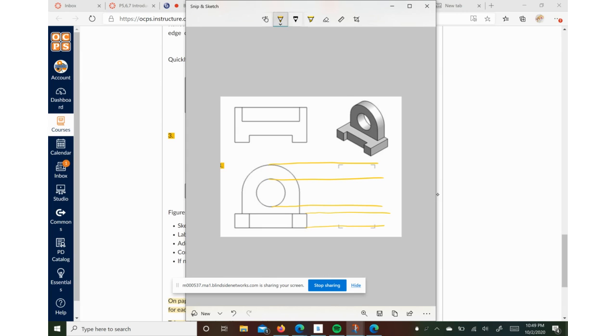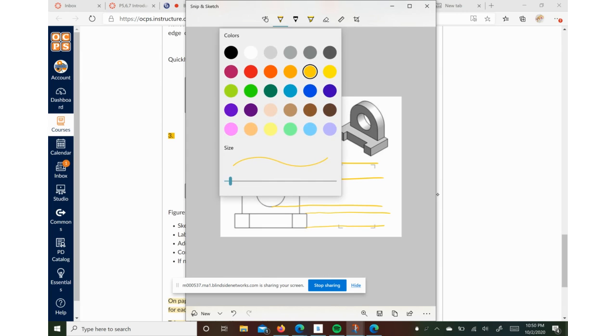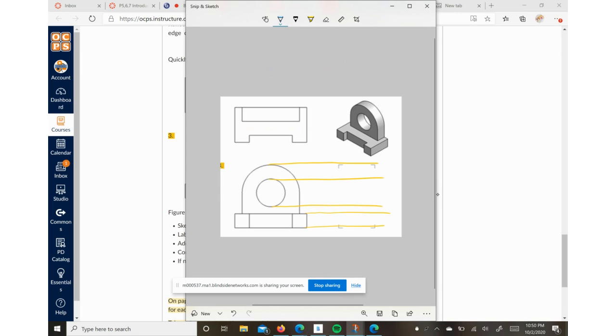Let's use a different color. It's good to start with just the general edges of where we know we need to be.